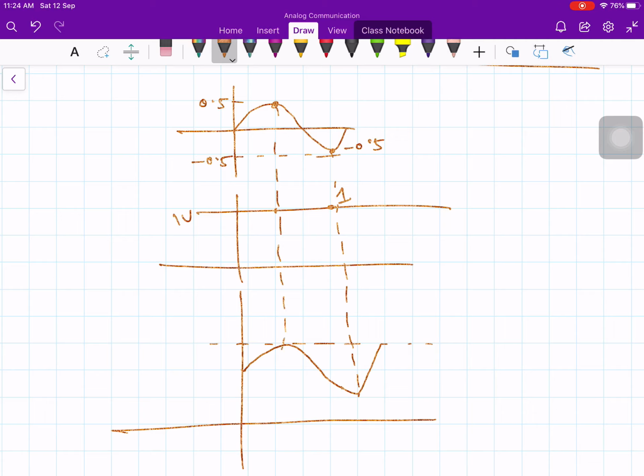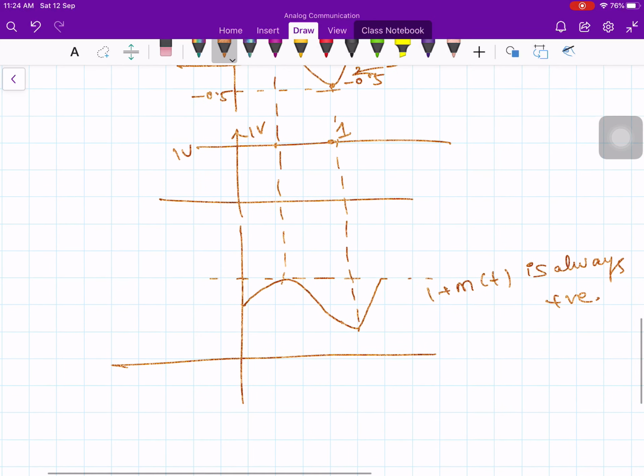Therefore, here you have positive part and negative part in the original message signal m of t. Let's say this is my m of t. Now this is my constant 1 volt. If you add these two, then 1 plus m of t is always positive. It never goes negative. Say this is a zero line, so it never comes down.